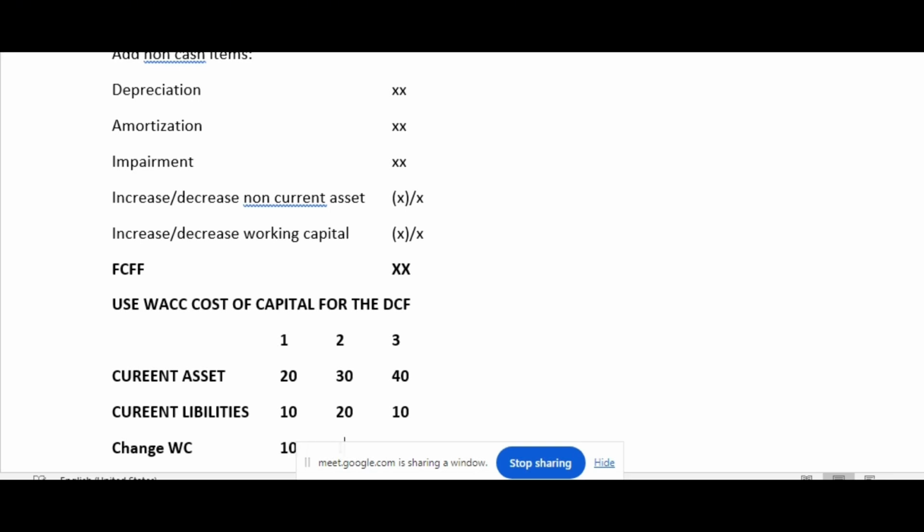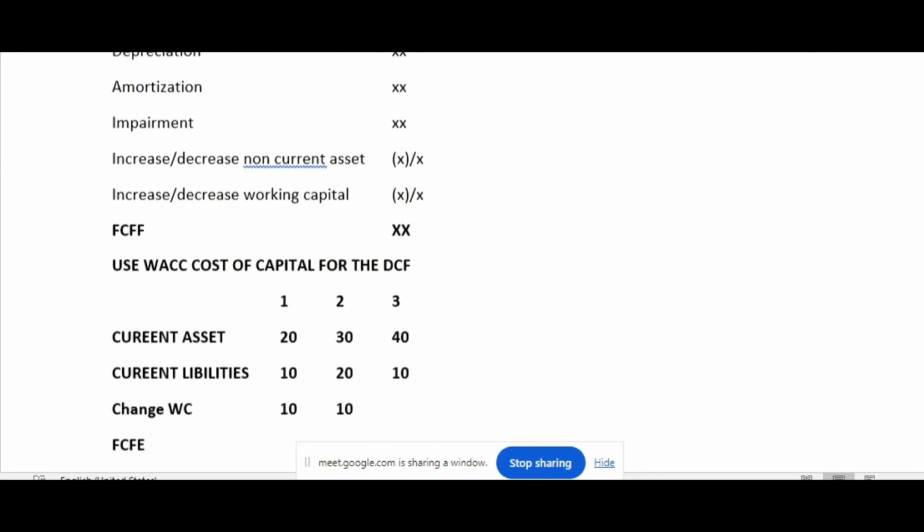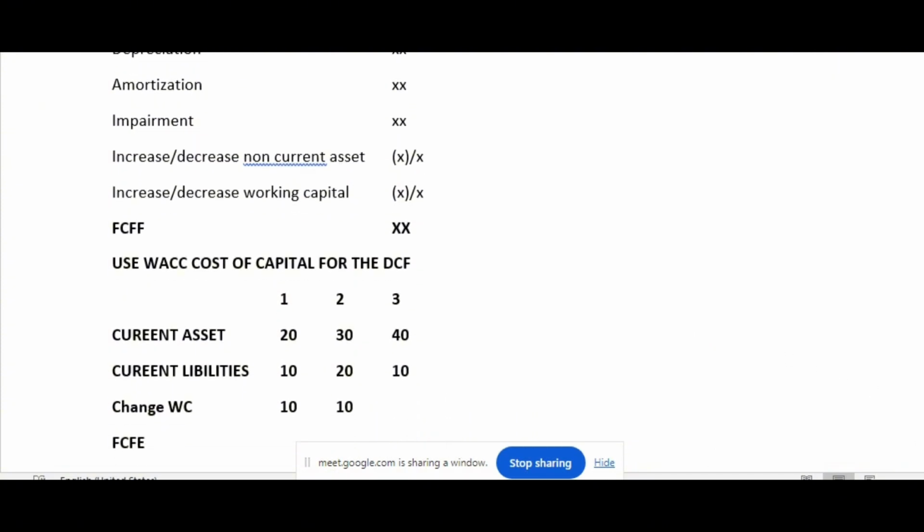And this is 10. And this is 30. This is the change. Now, don't forget that you want to know if there is an increase or decrease in working capital. Let's say this is 5, actually. For the purpose of this class, let's say this is 25.